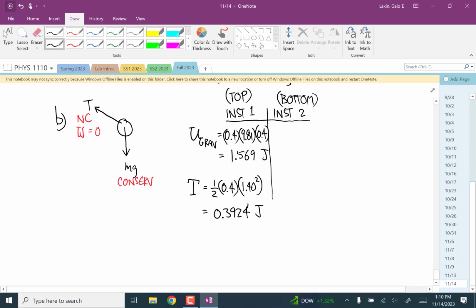And then at the bottom of the circle, what is the gravitational potential energy? Since the height is equal to 0, this is going to come out to be 0. And we're trying to figure out the speed, so this is 1/2 times 0.4 times the speed we don't know squared.